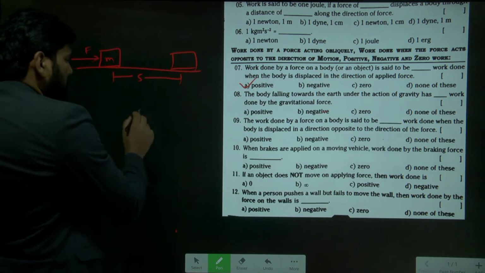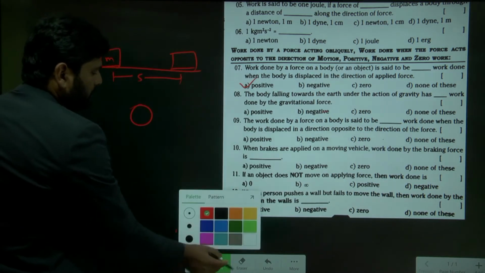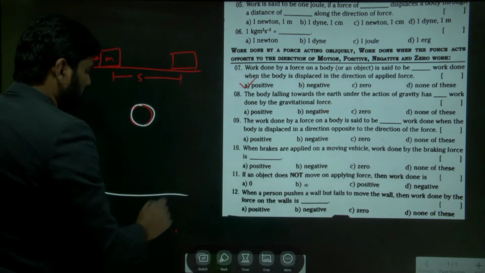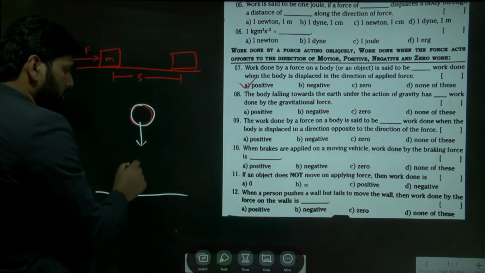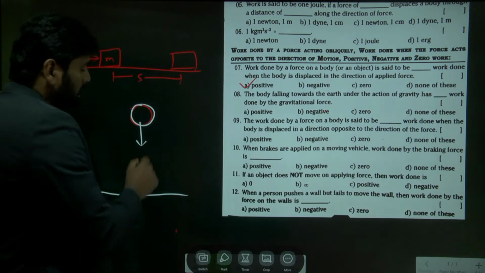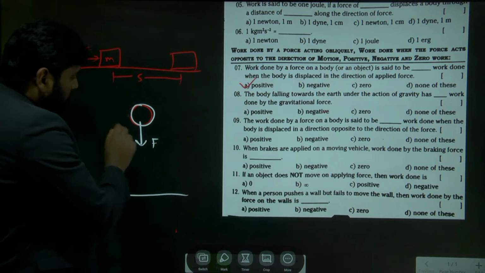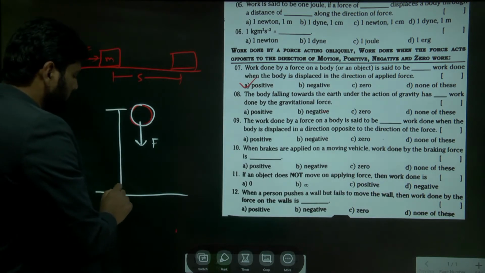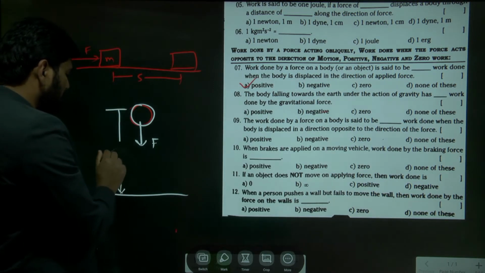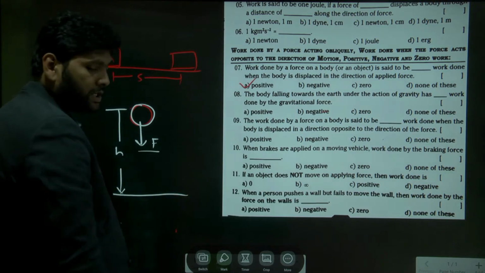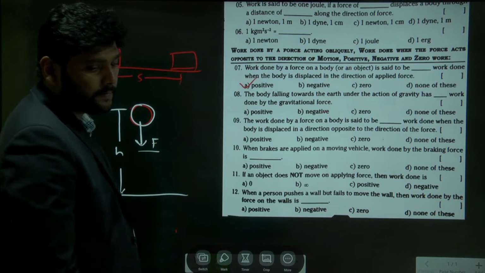See, this is an object. This is a ground. The ground is pulling the object, meaning in which direction is the force applied? In this direction force is applied. So it is displaced some height h. This height direction and this force direction, both are same or opposite?